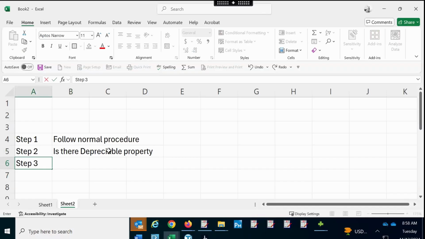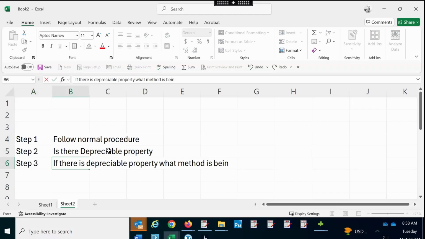So step three, if there is depreciable property, what method is being utilized?